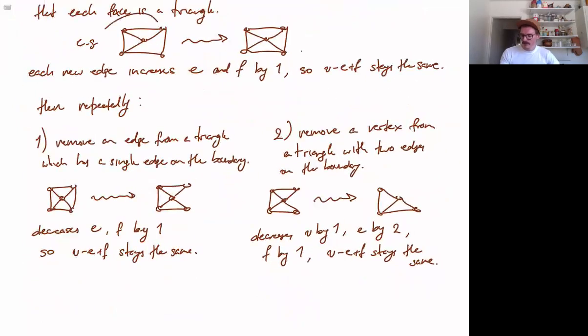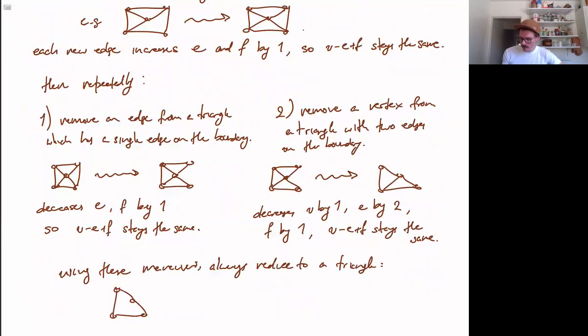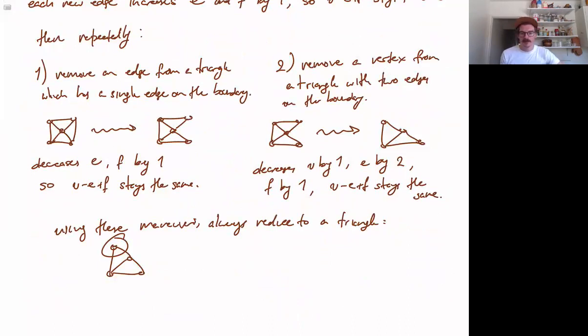Okay, so we started with this graph, and we've gotten it all the way down to here. And so using these maneuvers, we can always reduce our graph to a triangle. We are currently in this situation, and you can see that all we need to do is another of the second kind of step, removing, for example, this vertex from the triangle, which has two edges on the boundary.